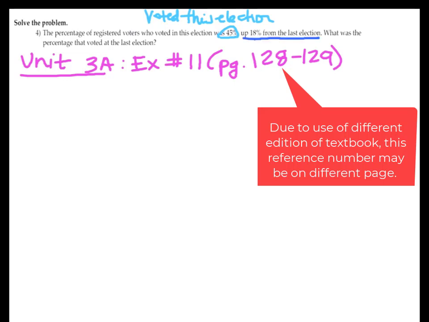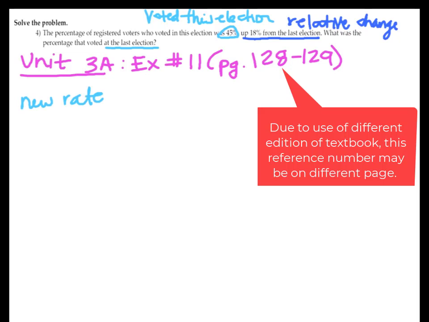So that indicates the relative change from last election to new election. Okay? So we are going to want to solve for the previous rate, right? Because it's asking us what was the percentage that voted at the last election. So that indicates that we want to know the previous rate.